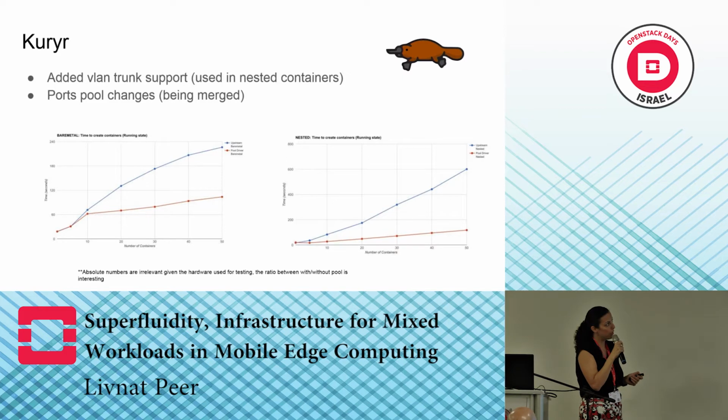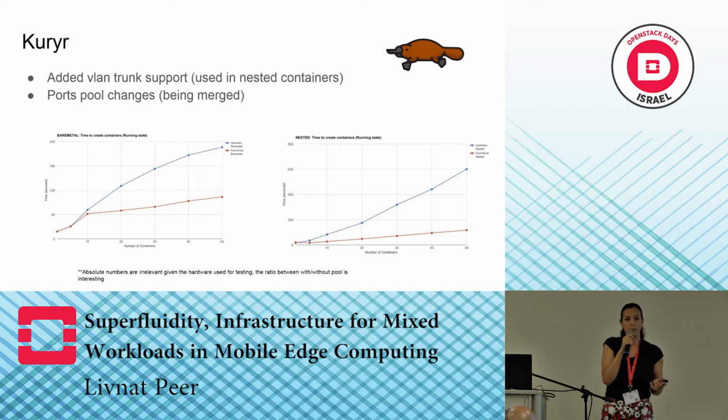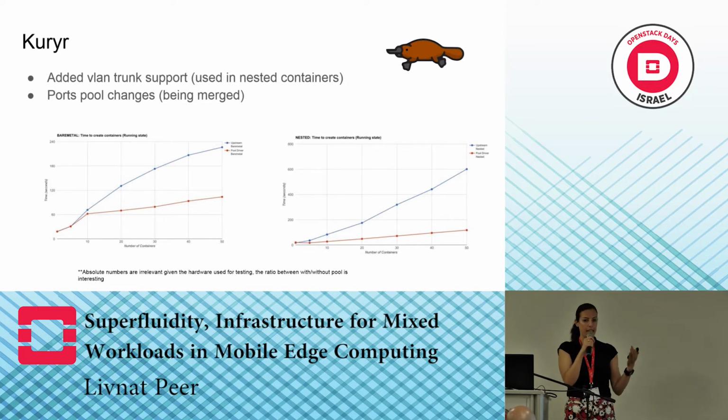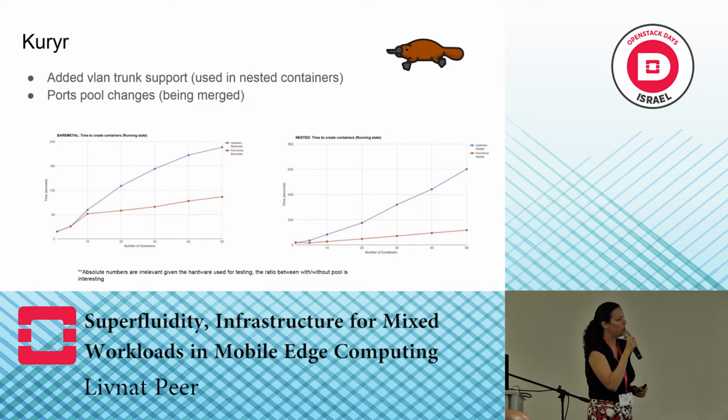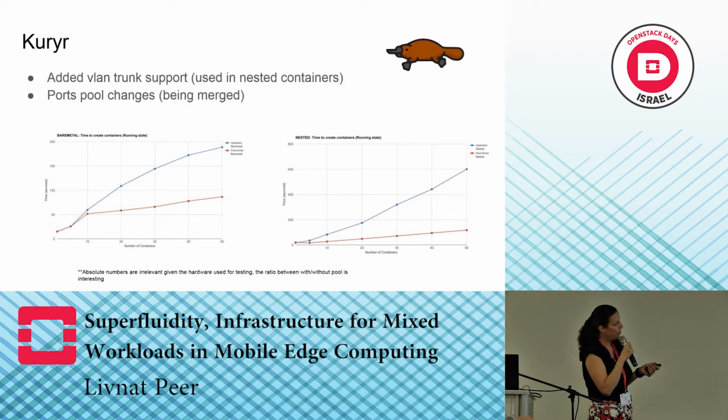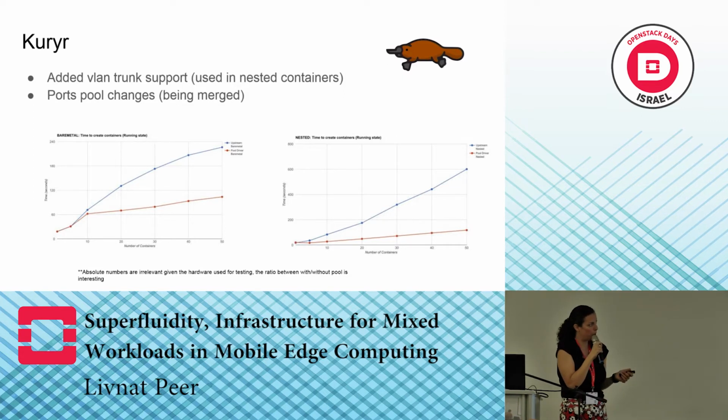So the first thing we contributed to Kuryr is the support for VLAN trunk. For those of you who are not familiar with it, VLAN trunk is basically an enabler to use containers within virtual machines. The second contribution that is being done today is adding support for port pools.